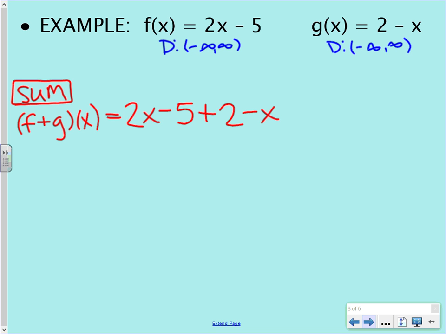What is our resulting function? x minus 3. Jaden, what is the domain of x minus 3? All real numbers. Okay, the domain really isn't going to be affected too much by the sum.